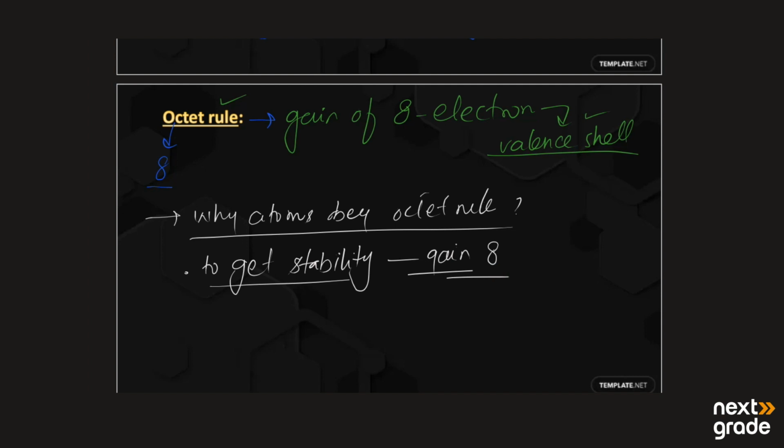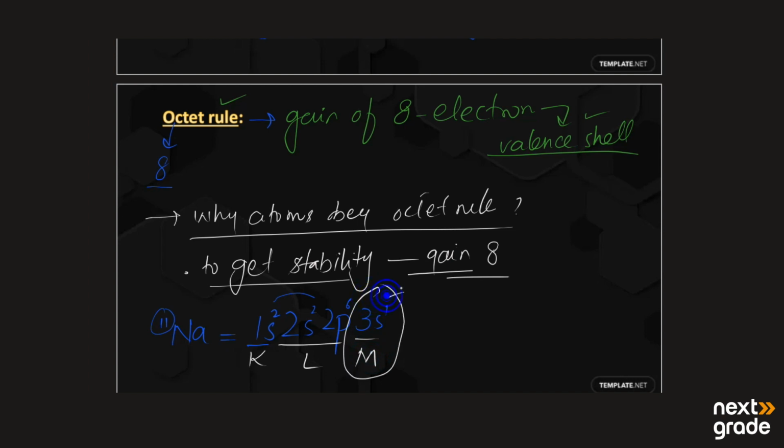For example, we have sodium. Its atomic number is 11. Its electronic configuration is 1s2, 2s2, 2p6 and 3s1. The first shell is K, the second is L, and the third is M. So M is its valence shell.